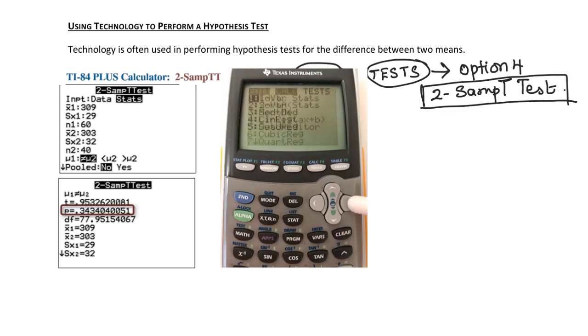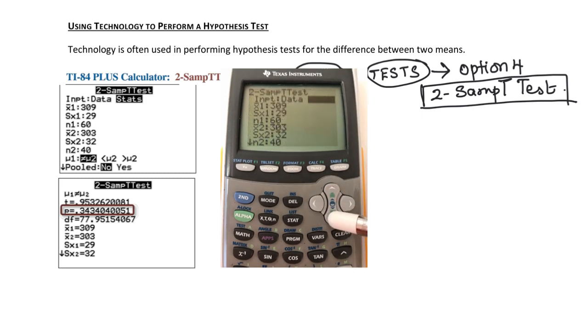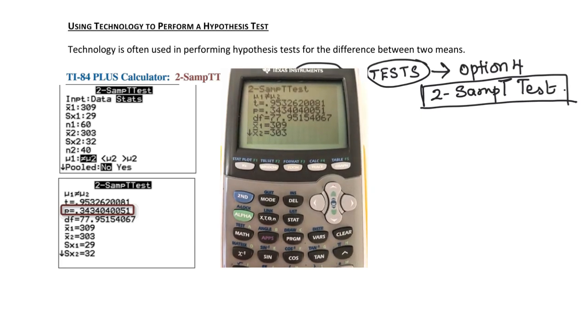Press stat, test, option 4, highlight stats, enter sample mean, sample standard deviation, sample size for both with the computer and without the computer, and we are testing mu1 not equal mu2, and calculate. And from this we can find the p-value.